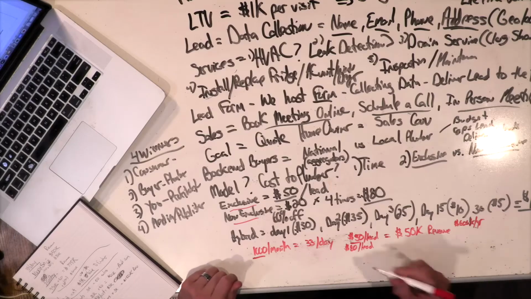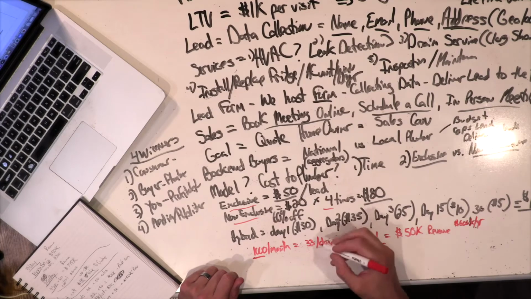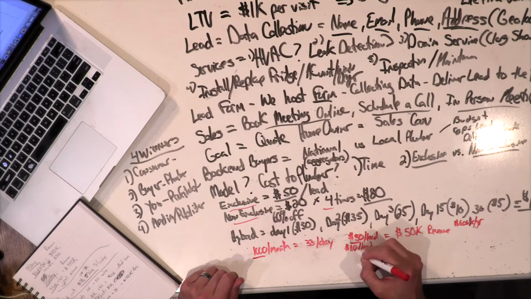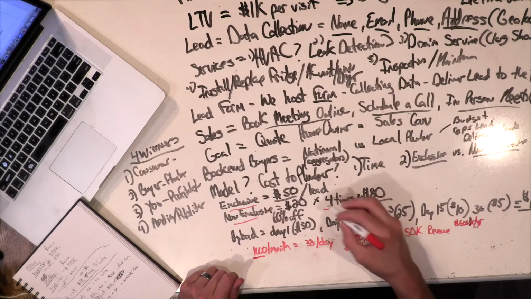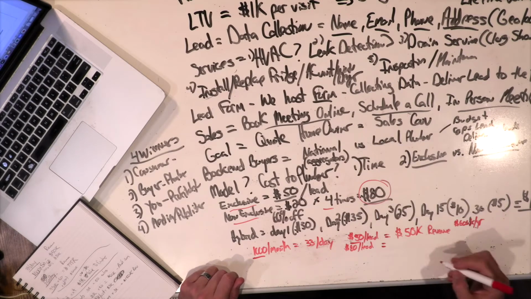Now, let's do the same exact thing, but for the non-exclusive. In this scenario, if we build that business, we've got $80 per lead. Here, we need more buyers, because we're selling it 4 times. We're selling it for $20 per lead times 4, right? $20 times 4 is $80. So in this scenario, we're generating $80,000 in revenue per month.